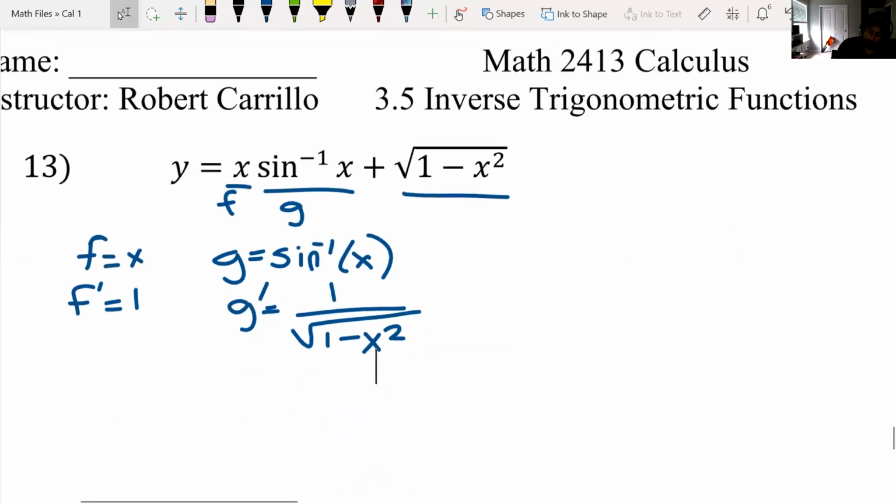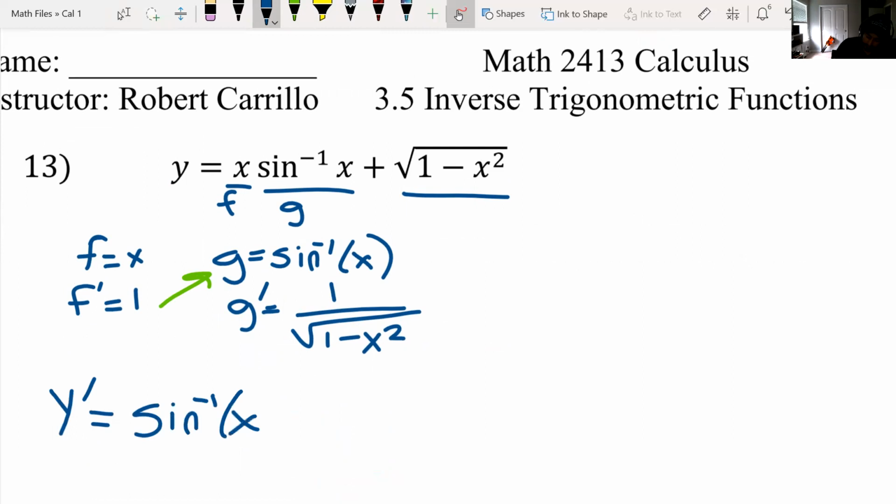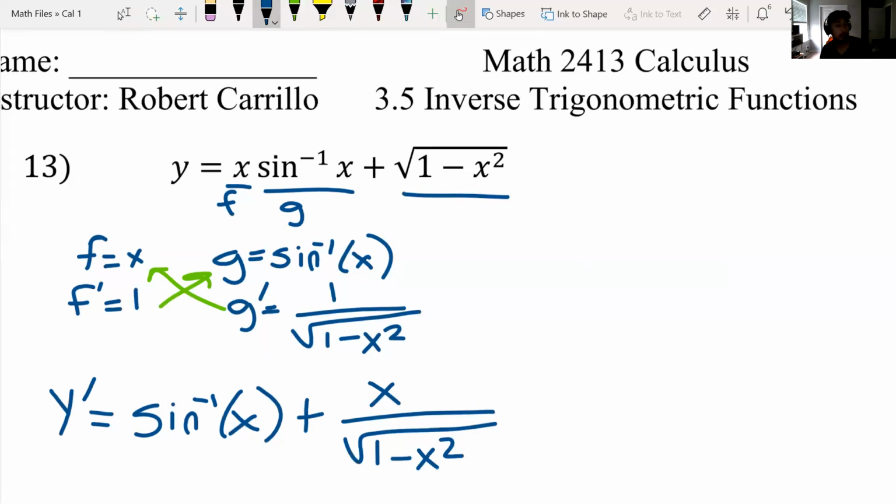Okay, let's take care of this. So here's the first part. Y prime equals F prime G, the inverse sine of x, plus G prime F, x over the square root of 1 minus x squared. So that only takes care of that part.